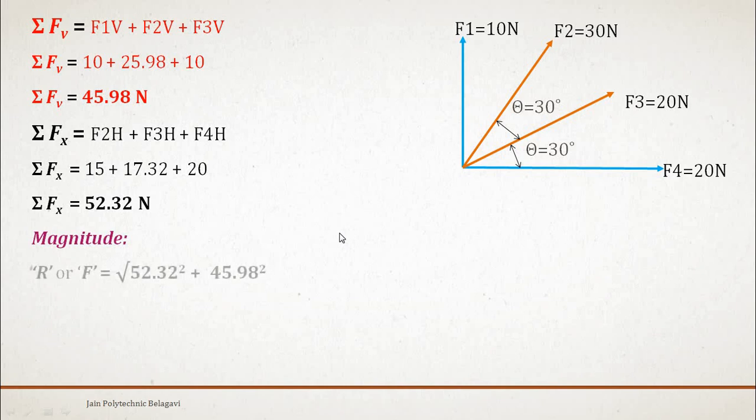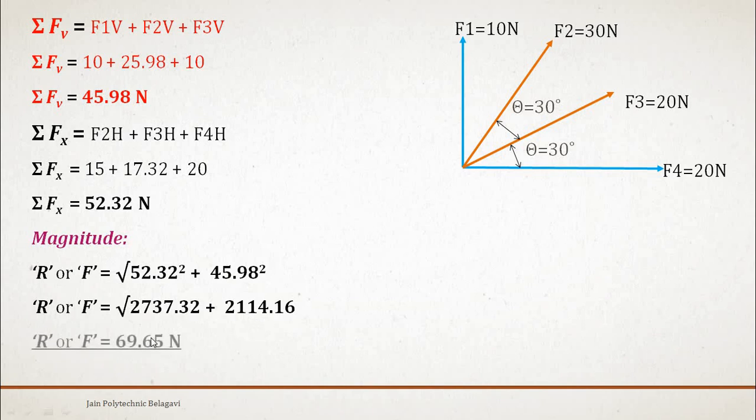Magnitude: how to find the magnitude? We know that the square root of summation Fv square plus summation Fx square gives us the resultant. So put these values and take the square root, and we get the resultant force. Squaring these values, 45.98 square is this value. Now we get the resultant magnitude. So what is the resultant force? 69.65 Newton.